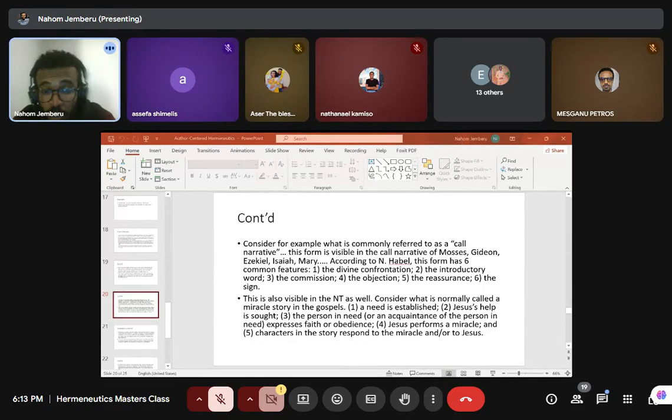This is also visible in the New Testament, by the way. For example, there is what's usually called a miracle story in the Gospels. Whenever a miracle appears, the way it is reported seems to follow a certain pattern. First, a need is established: the condition of the person to be healed is expressed, and the author tells us the actual problem first.